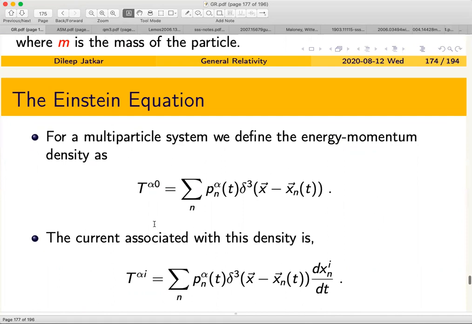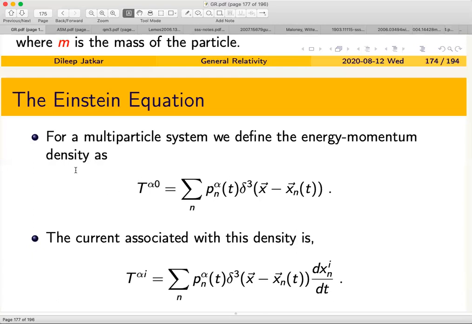The energy momentum tensor is a second rank tensor, and therefore its conserved quantity is a first rank quantity. In electromagnetism, you have a first rank conserved current, J alpha, and therefore the conserved quantity is a scalar quantity, or zeroth rank quantity.